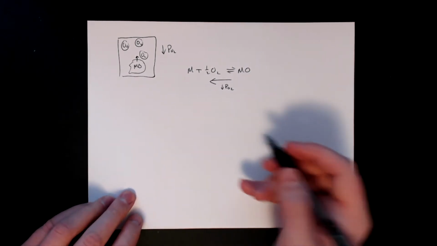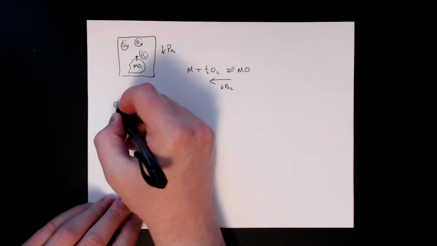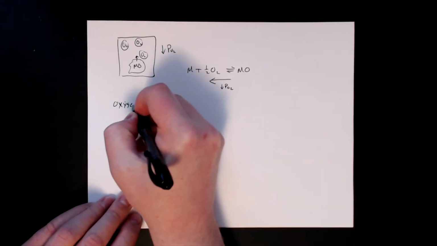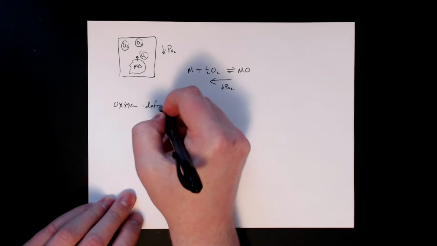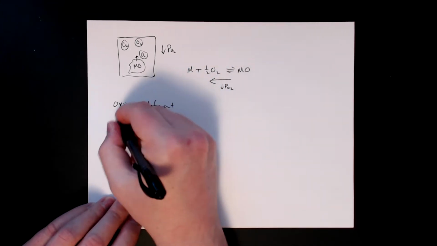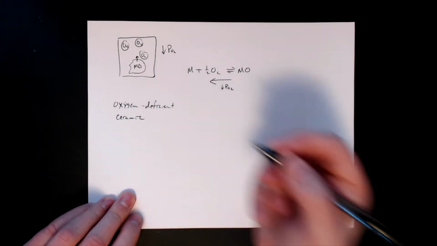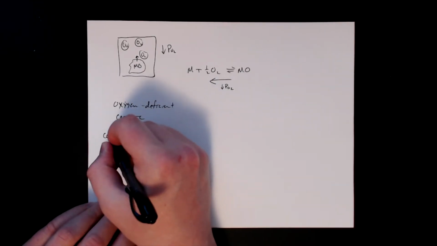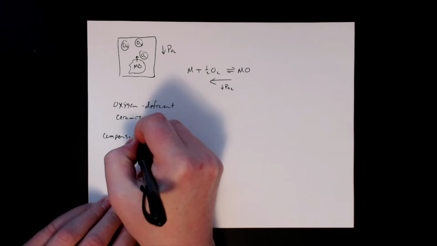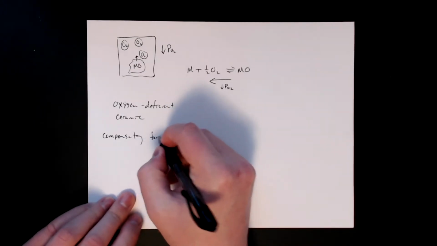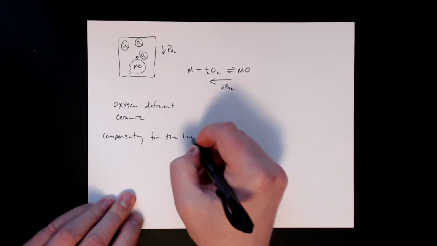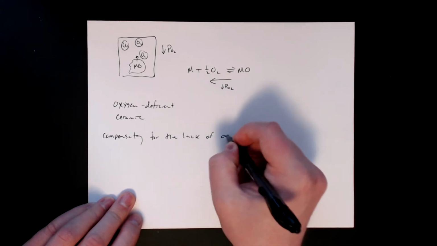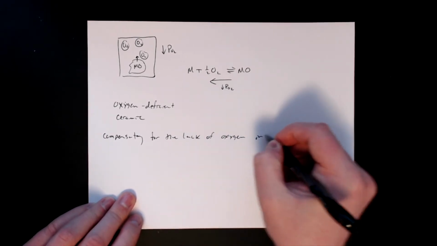And so this forms what we would call an oxygen deficient ceramic. It's compensating for the lack of oxygen in the gas phase.